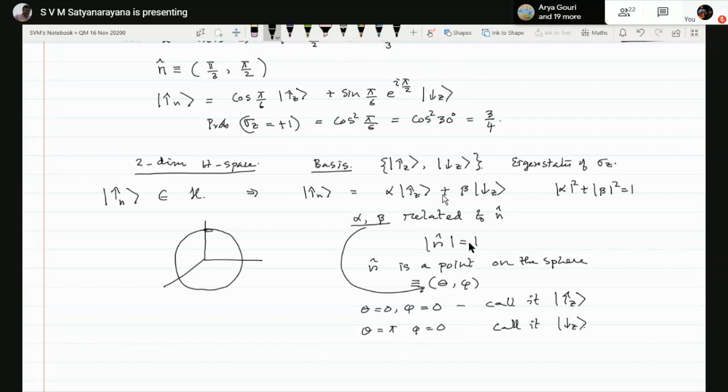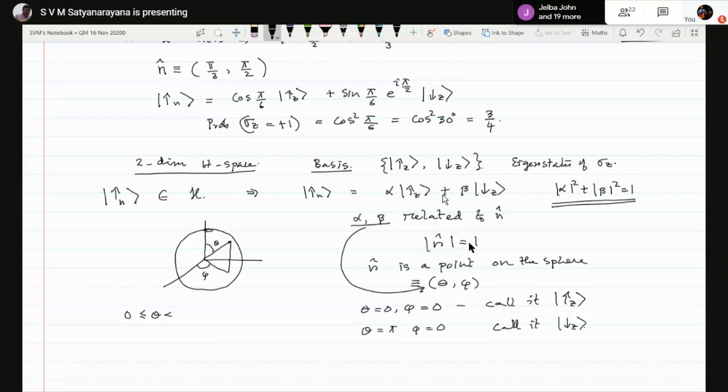Now you can ask: if I have a point here corresponding to some particular value of theta and some particular value of phi, then this requirement tells you that I require some trigonometric identities. But you also have to remember that when you are parameterizing, you must have a relation to spherical polar coordinates.